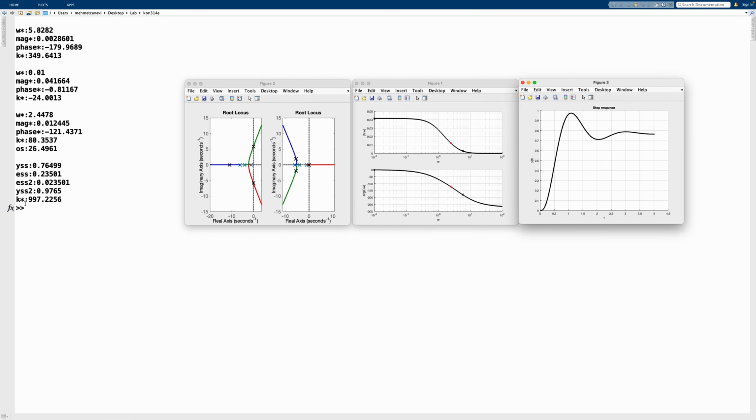There we go. Now we have 99722, so it was a higher value than I remembered. It seems like we need this value here. So in this case, if we are using the p-type controller that we've designed here, which is of gain 80, it seems like we have 0.76, which corresponds to 0.23 here.